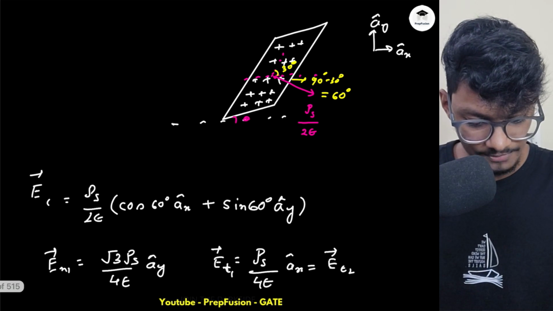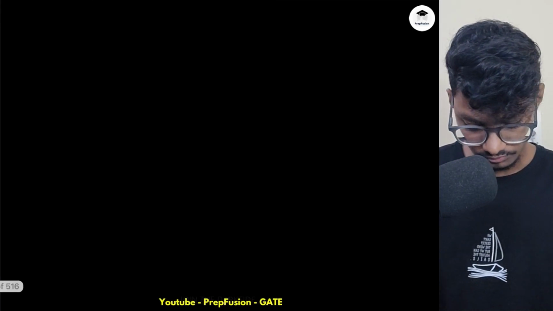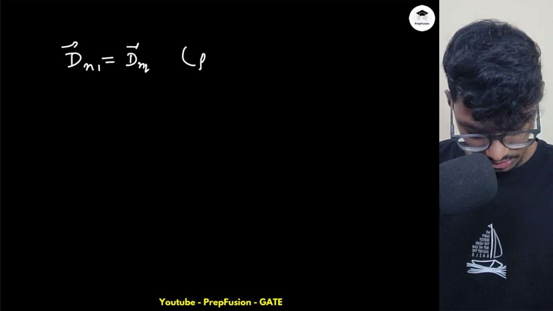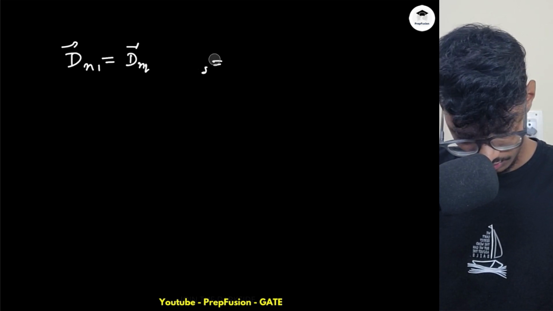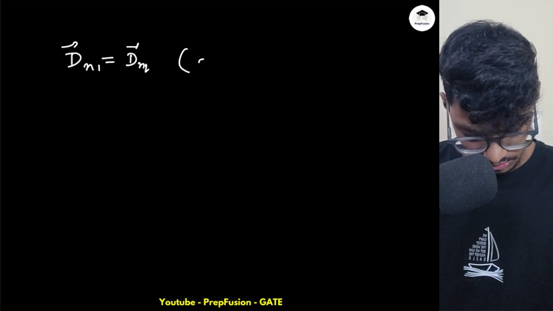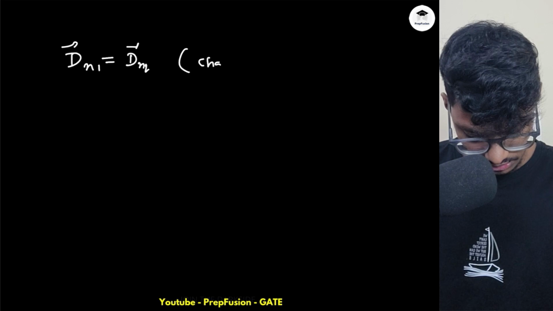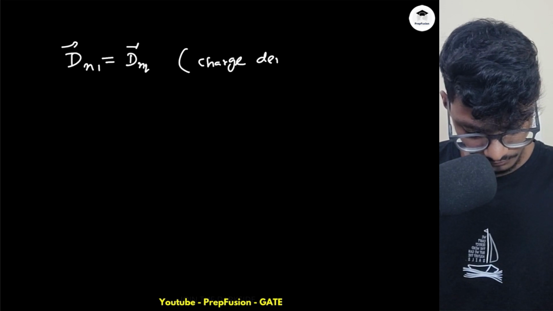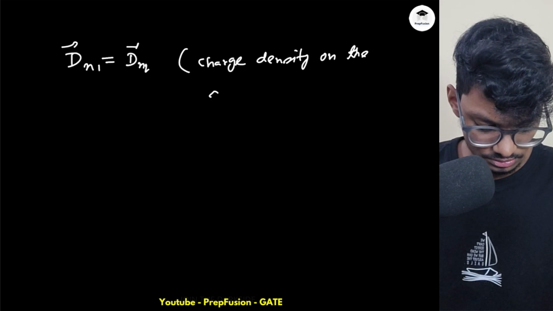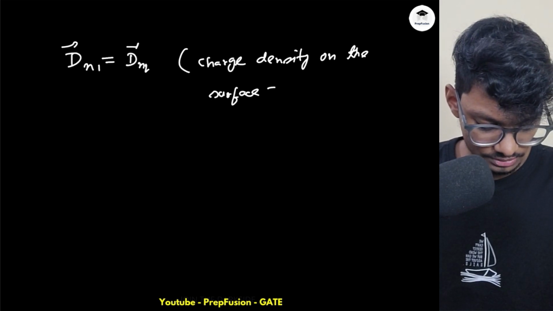But what about my En2? I know again charge free region, so Dn1 will be equal to Dn2. Nothing is mentioned, so rho is equal to 0. Charge density on the surface is 0.